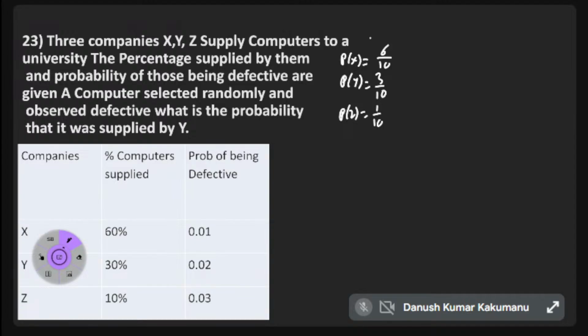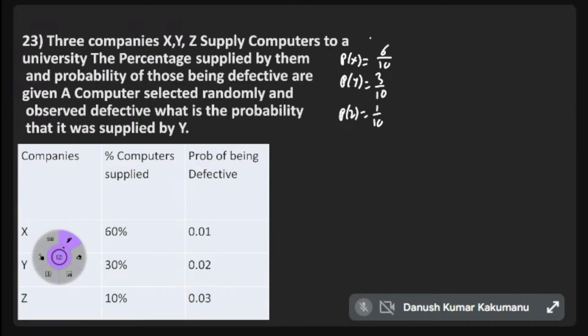Whenever you find this type of table, no doubt it is a Bayes theorem question. Here, one more event is there in the question. A computer is selected randomly and observed defective. What is the probability that it was supplied by Y? What type of computer is selected? Defective computer.